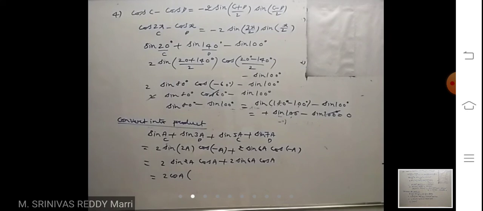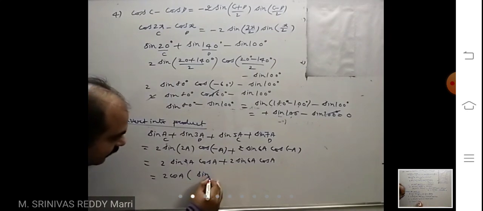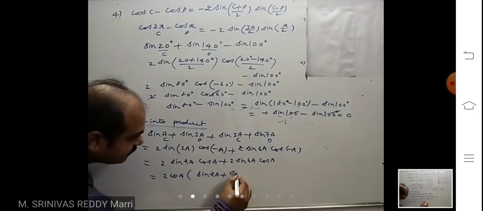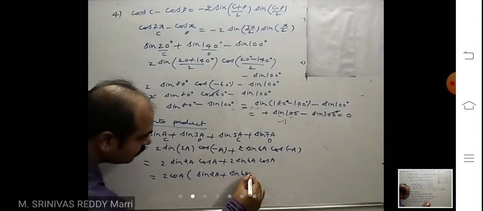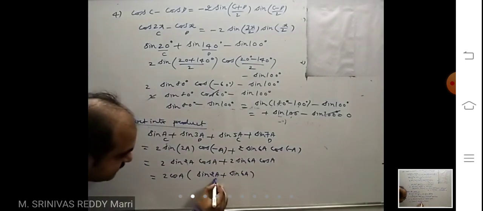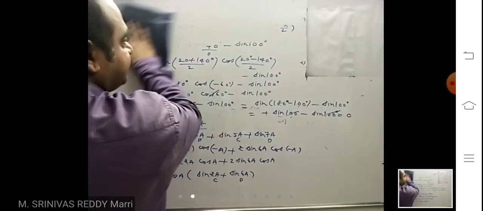Now in these two, 2 cos A is common. Now you will get here sin 2A plus sin 6A. Look, here again sin C plus sin D, you can convert that into product.